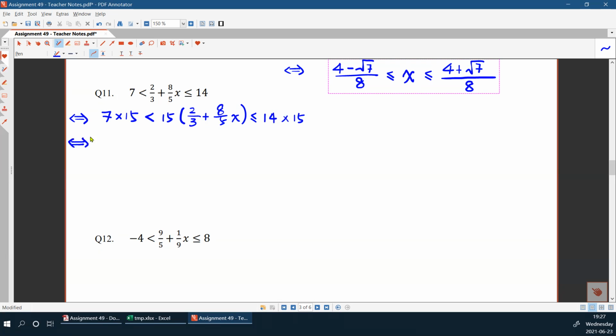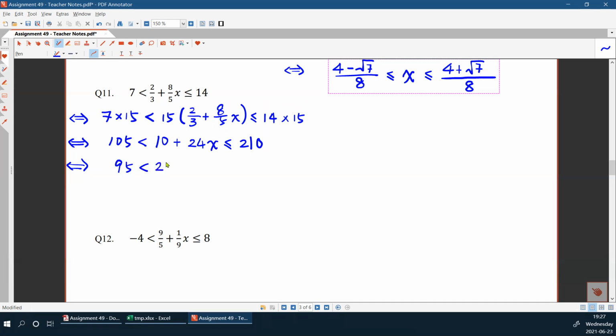Okay, so 7 times 15 is 105, smaller than 10 plus 24x smaller than or equal to 14 times 15, which is 210.